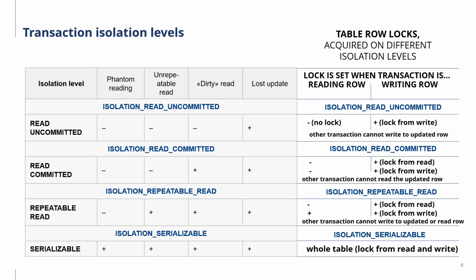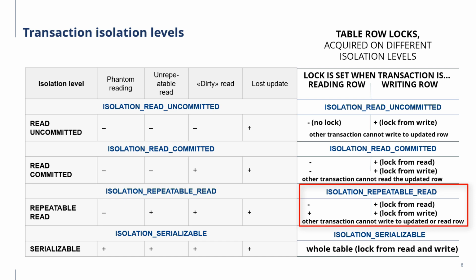The next isolation level is repeatable read. It will say if my transaction number 1 is reading, some other transaction may read but may not write. Of course, if my transaction number 1 is writing, the second transaction is locked both from reading and from writing.